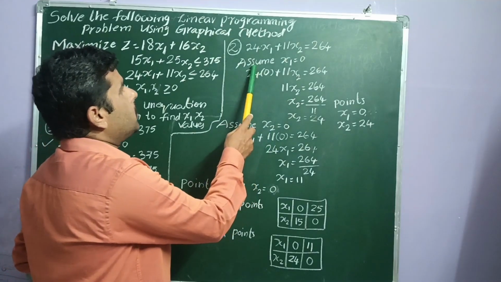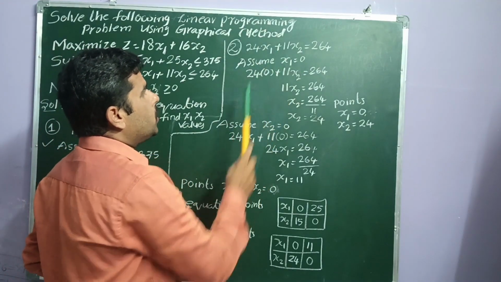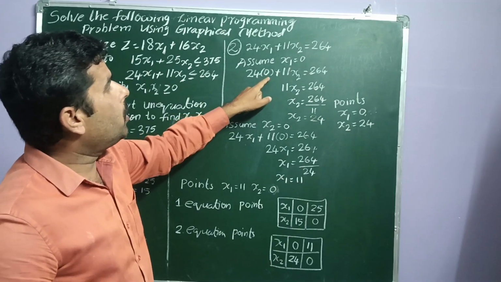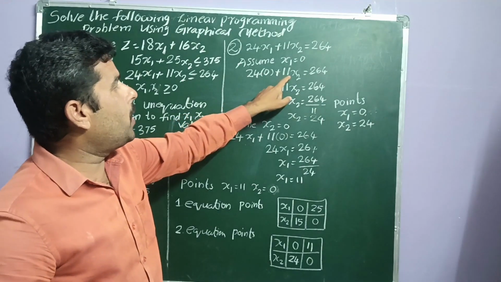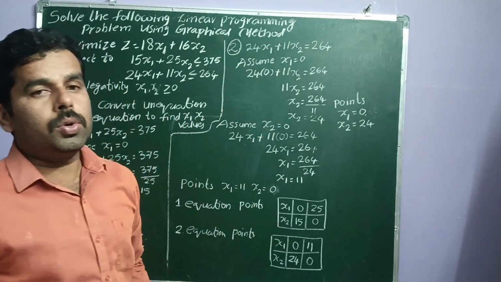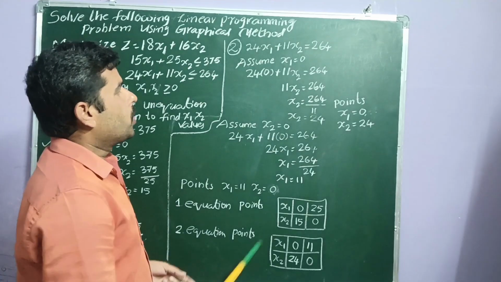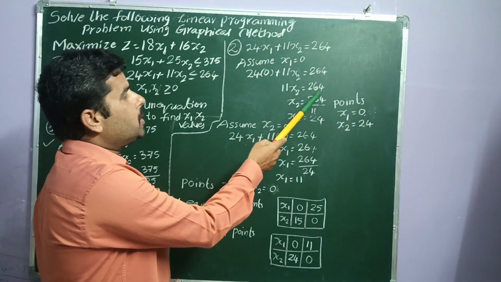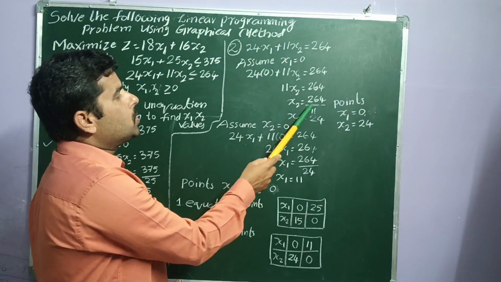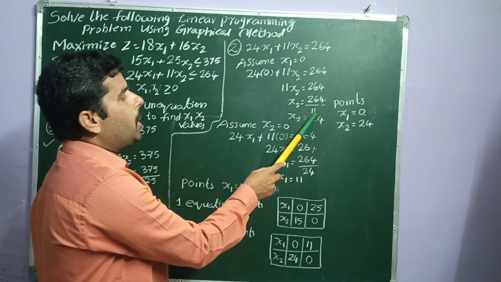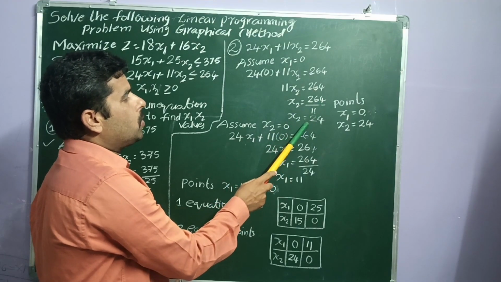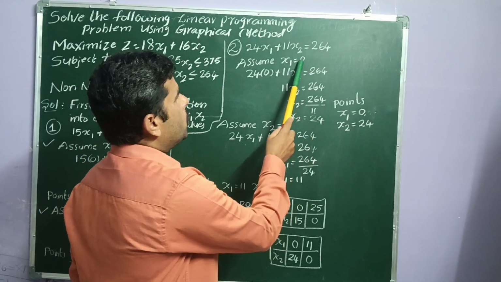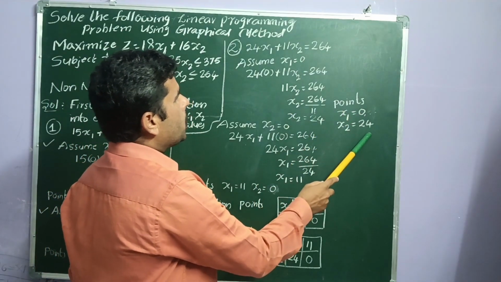Assume x1 equals 0. 24 into 0 is 0, plus 11x2 equals 264. So 11x2 equals 264, and x2 equals 264 divided by 11. So x2 equals 24. The point is x1 equals 0 and x2 equals 24.